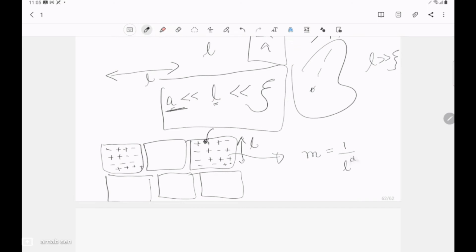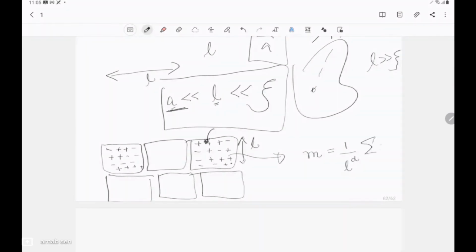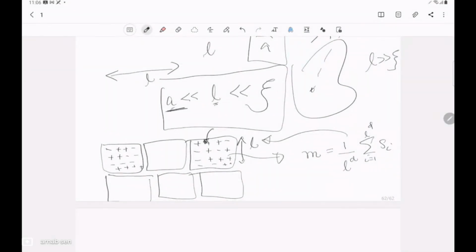So there are L to the D spins here. I take all the spins in this box, from 1 to L to the D, and I sum them and I average them out. That's why I'm normalizing by L to the D. Therefore, this variable is now a real valued variable.